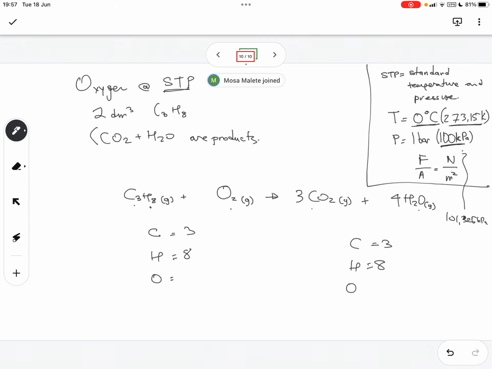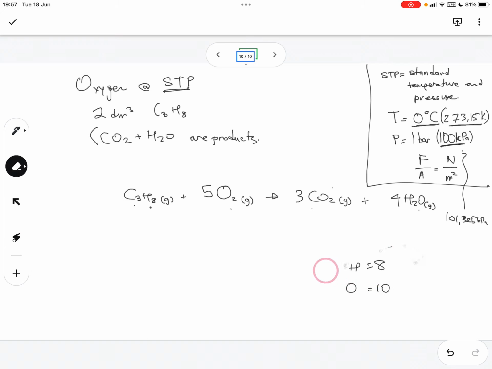For oxygen, we've got 2 on the left-hand side and 6 plus 4, which is 10, on the right, so we must multiply the oxygen by 5 so that we have 10. So it's 3 carbons, 8 hydrogens, 10 oxygen atoms on each side. Our equation checks out.